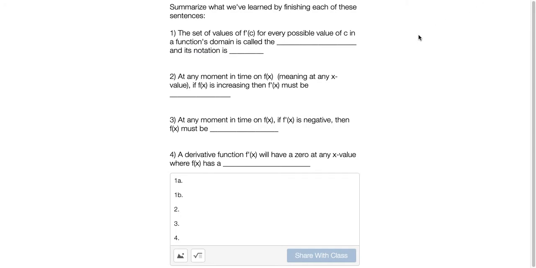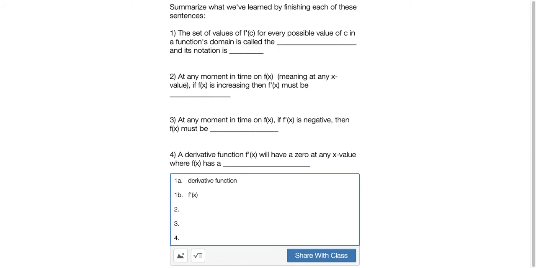So we're going to summarize what we said in the first couple of slides about those derivative functions. The set of values of f prime of c for every possible value of c in a function's domain is called what we just said, the derivative function. And its notation is f prime of x. Again, different from f prime of c.